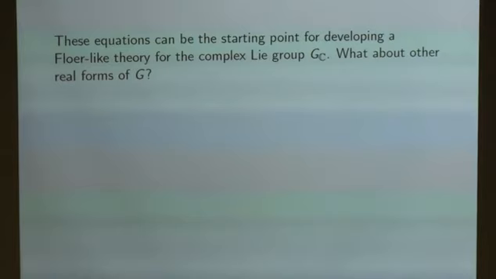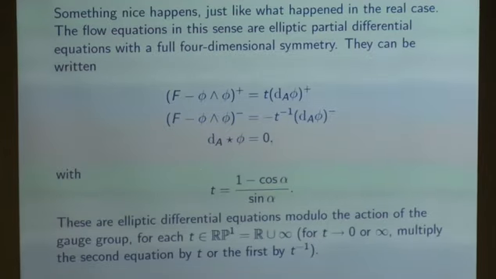So these equations can be the starting point for developing a Floer-like theory for the complex Lie group G_C. In other words, imitating Floer, given a 3-manifold, you would, well, there's a Yang-Mills theory related to these equations. It's a version of N=4 super Yang-Mills. So as a physicist, you'd be studying twisted N=4 super Yang-Mills on a 3-manifold and trying to find the space of quantum vacua.